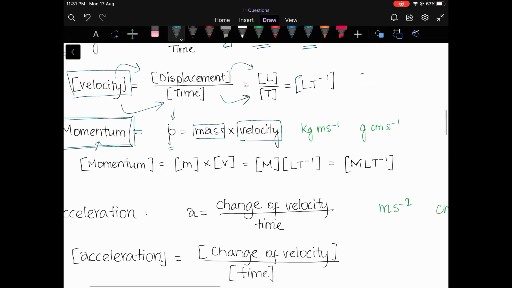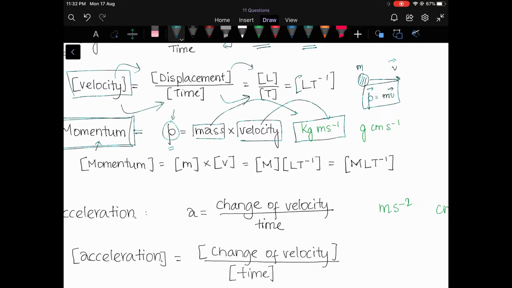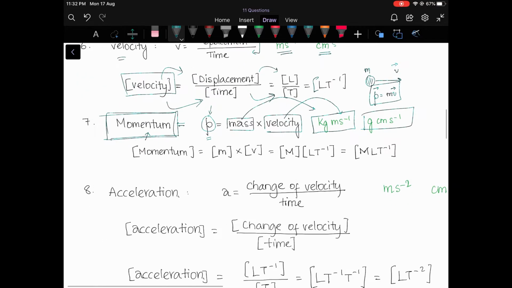That means if a body has a certain mass and is moving with a certain velocity, then we can say that this body has a certain momentum in the direction of its motion, given by the product of its mass and velocity. Now, the unit of mass is kg, the unit of velocity is meters per second. So we have kg meters per second as the unit of momentum. In CGS system, we are going to have gram centimeter second inverse.